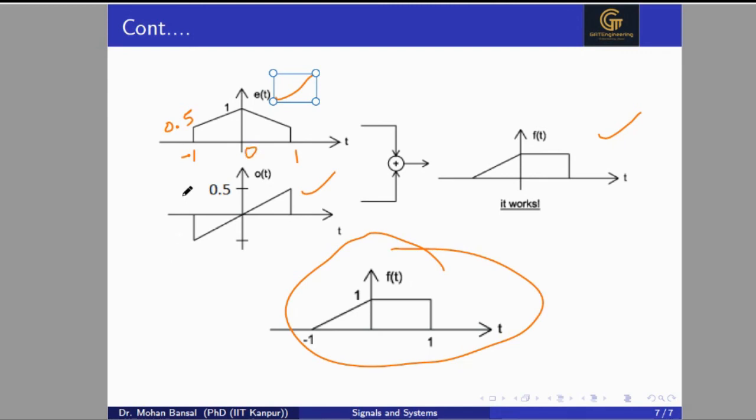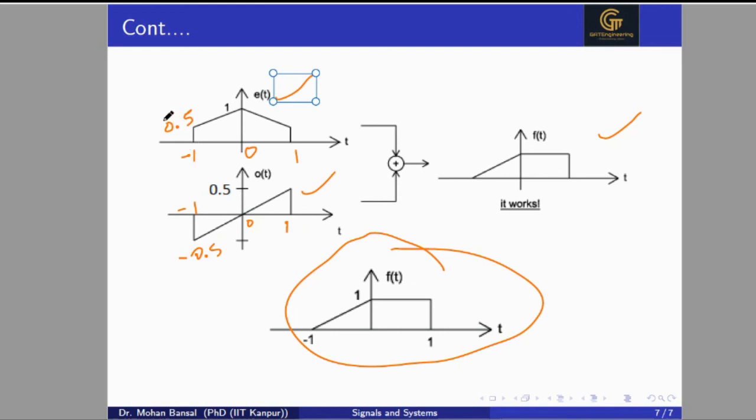In the odd signal, we have the value -0.5 at t equal to -1, 0 at 0, and 0.5 at t equal to +1. Now we add both of them to verify our results.